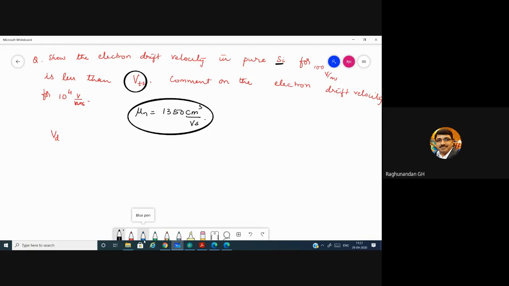Okay. Now, what is the formula for drift velocity? Electric field into mobility. Very good. Yes, electric field into mobility. So, electric field they have given as 100 volt per meter. Mobility we know. Substitute it and tell me what is Vd.